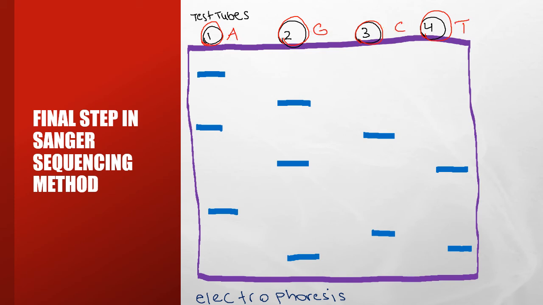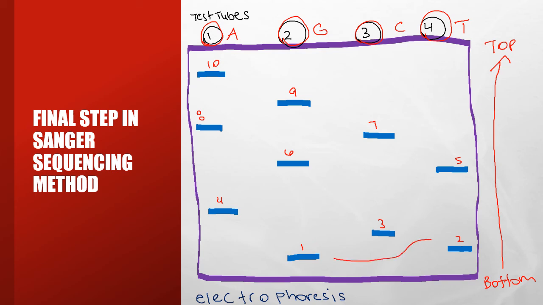To determine the DNA sequence, we read from bottom to top, and we'll start with this one since it's the lowest. We will start from the shortest and then go to the second shortest, then the third shortest, the fourth shortest, the fifth shortest, and so on.